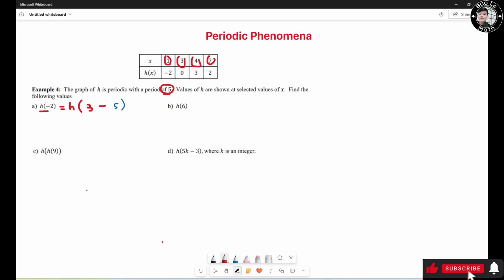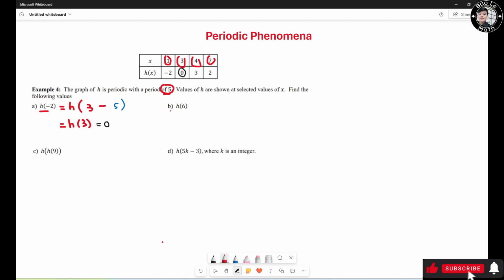So this guy is the same thing as h of 3, because we can ignore the periods, because after one period, it's going to go back to the original one. So we just care about the number 3 right here. So h of 3 is going to be 0 right here. So the answer is 0.